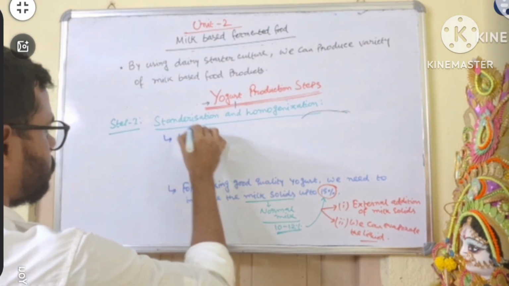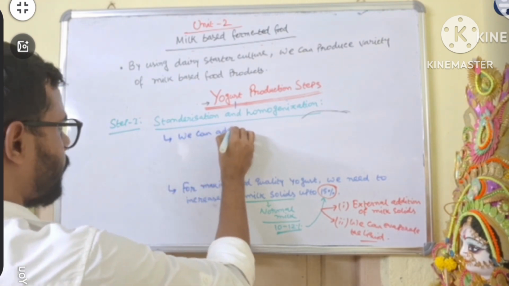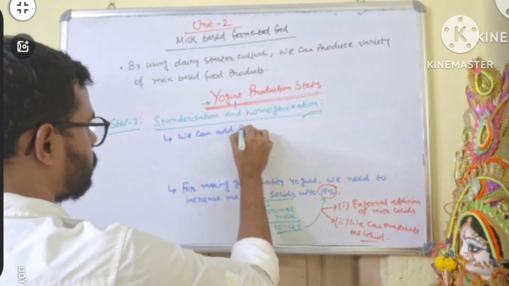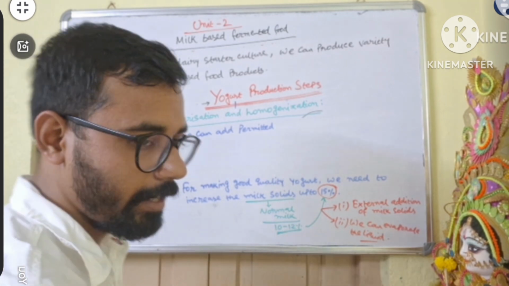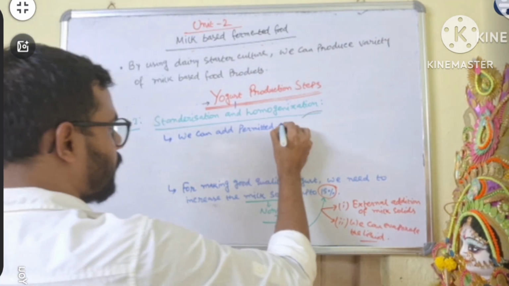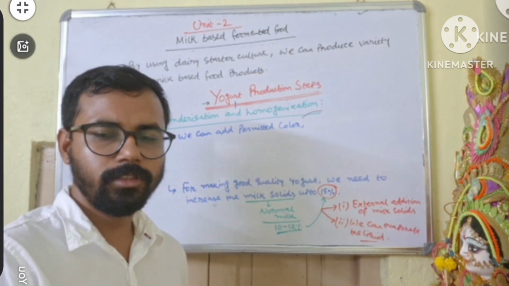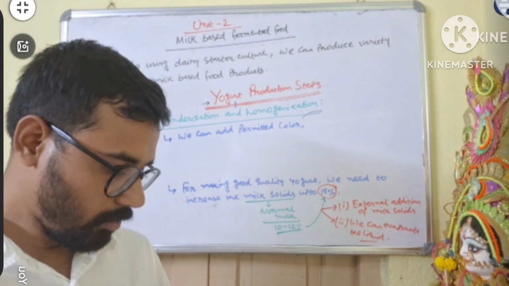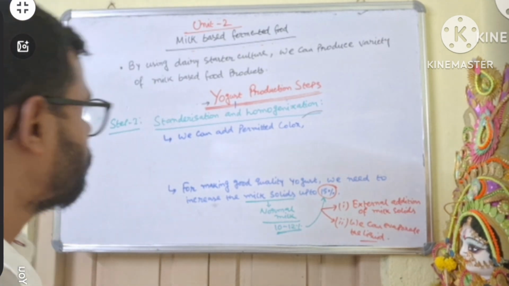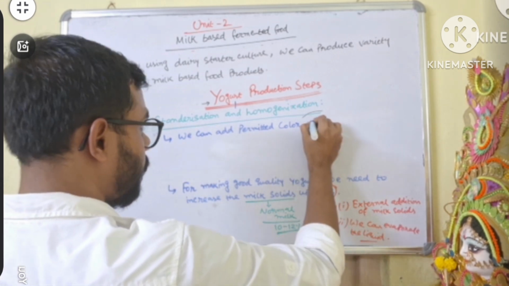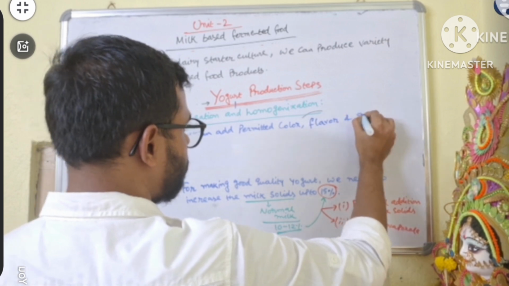After this standardization process, we can add permitted color. Obviously, permitted color, not industrial color. Permitted color, like caramel color, yellow color, etc. Permitted color, flavor, and gums also.